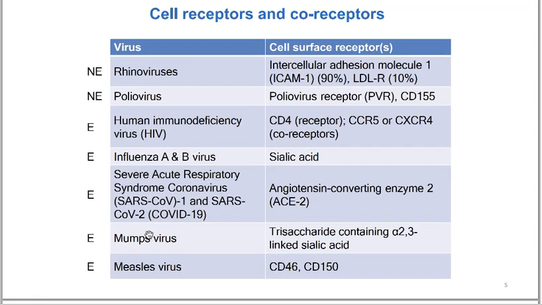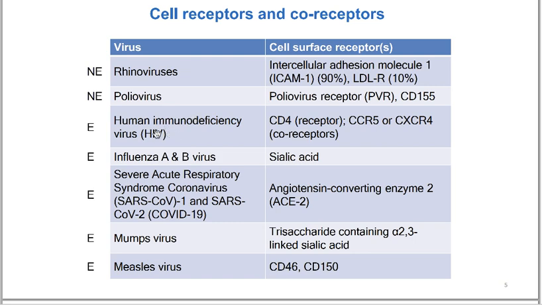Okay, so here are some cell receptors and co-receptors for non-enveloped and enveloped viruses. Those are the specific viruses. For non-enveloped rhinoviruses, cell surface receptors are intercellular adhesion molecule and LDL receptor. For poliovirus, receptor CD155.